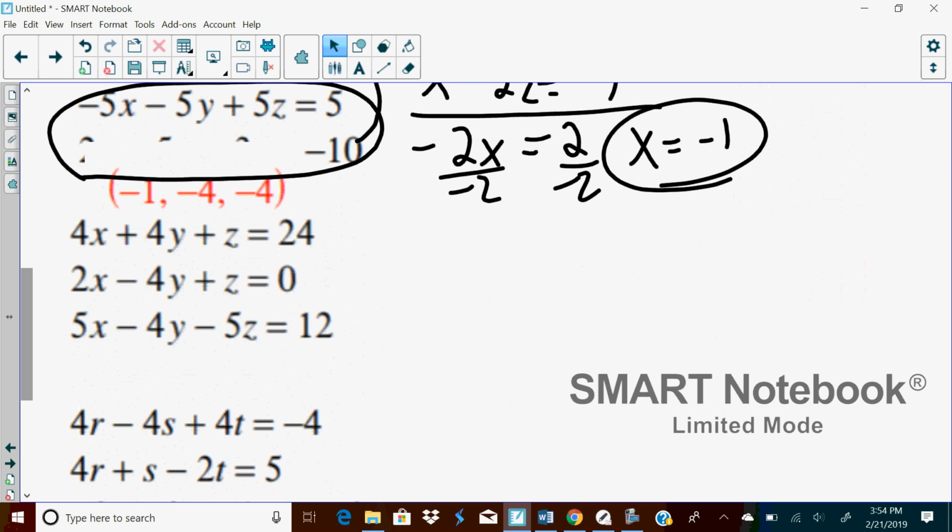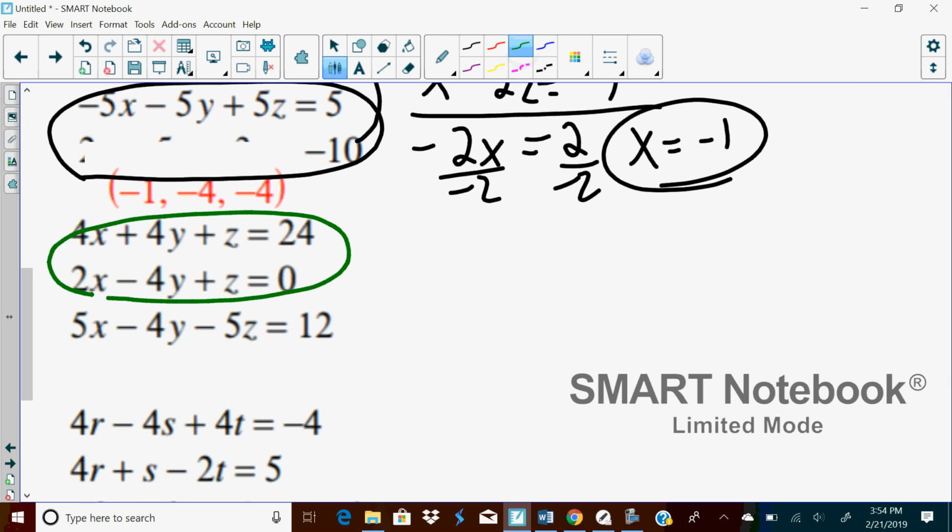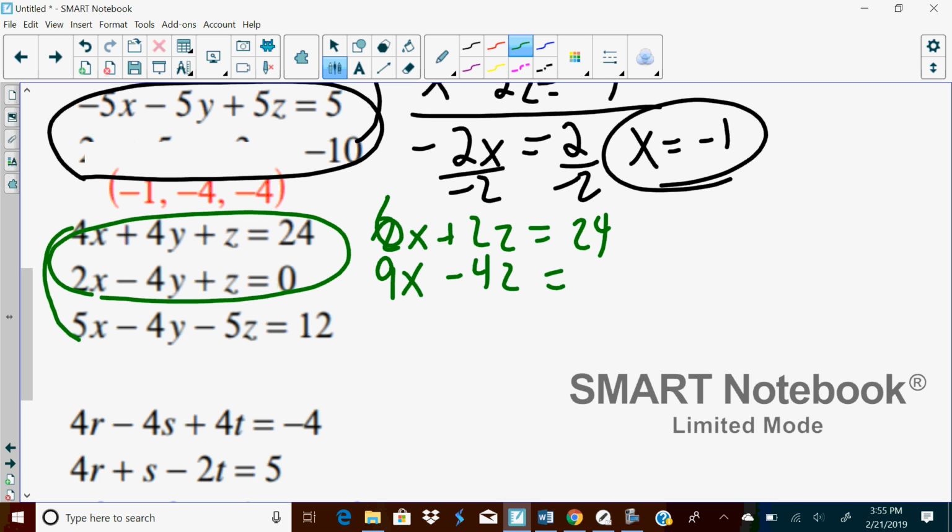For the next one, it looks like I combined these two first. So I got 6x plus 2z equals 24. And then I combined these two, so I got 9x, the y's canceled out, minus 4z equals 36. This one took a little more time because there are more steps.